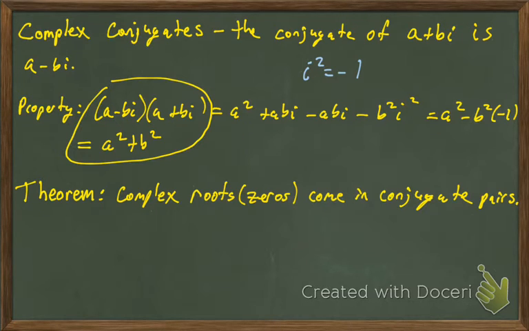So there's your sum of squares. You can certainly use that when you're expanding polynomials as a nice little shortcut. And then we have a theorem that says that complex roots, or zeros, however you want to refer to them, come in conjugate pairs. Okay, so we're going to do an example of that property.